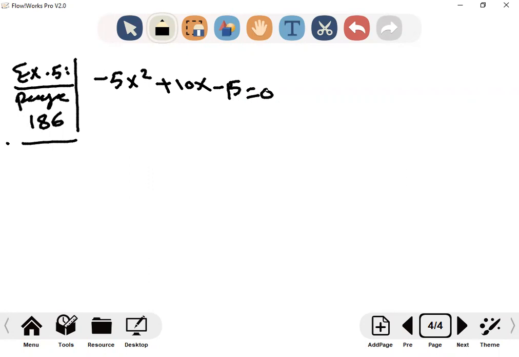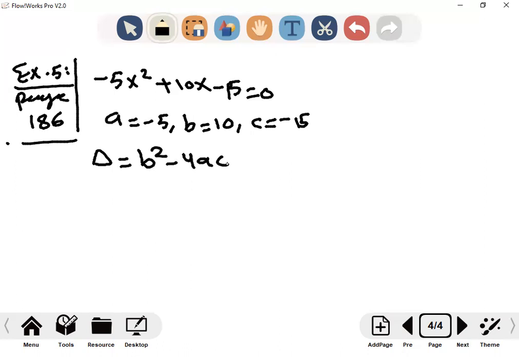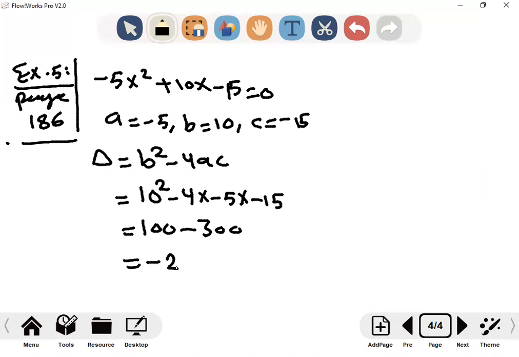Okay, A is negative 5, B is 10, C is negative 15, good. Delta equals B power 2 minus 4AC, means 10 power 2 minus 4 times negative 5 times negative 15. This is 100 minus 300, negative 200.